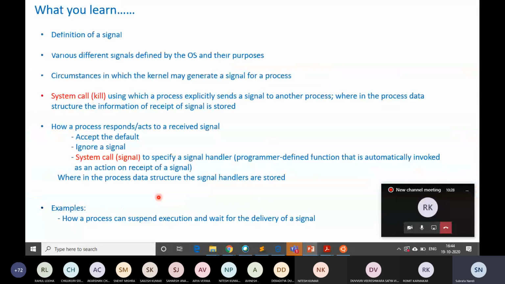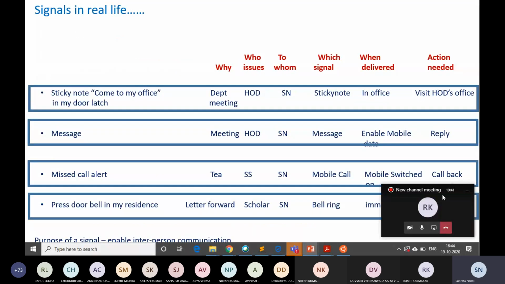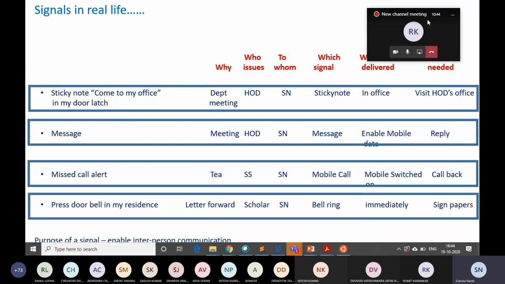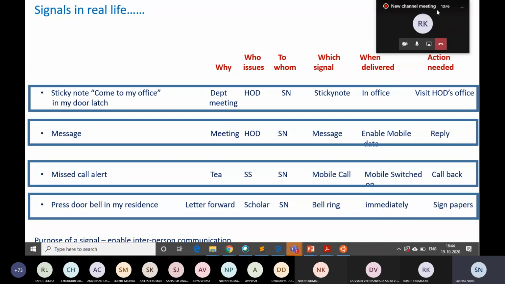Okay, so before we get into the details of what signals are in terms of operating systems, how they are issued, and what their purpose and names are, let us take some simple examples of real life signals. There can be different occasions where we need to exchange signals. Say, for example, the HOD has fixed a meeting and needs to inform me about it.